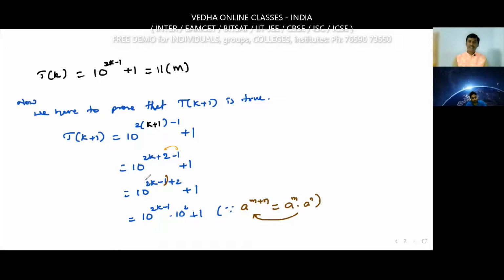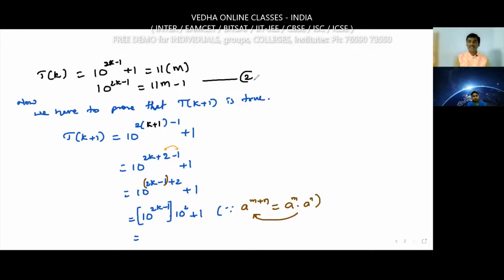I did the same thing here: 10 power 2k minus 1, with the same base I wrote 2 also. Now, why am I writing like this? From here, 10 to the power 2k minus 1 we can write as 11m minus 1.